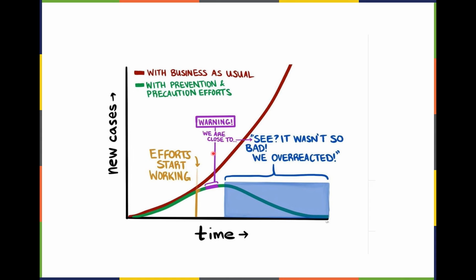Now, when we get close to this section and the number of cases is going down, be cautious about this misrepresentation: "See, it wasn't so bad, we overreacted." The problem with this is that vaccines and prevention measures are kind of the victim of their own success. They are successful when things don't happen.